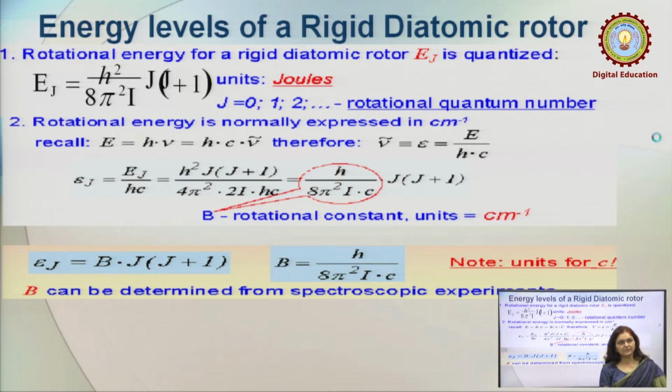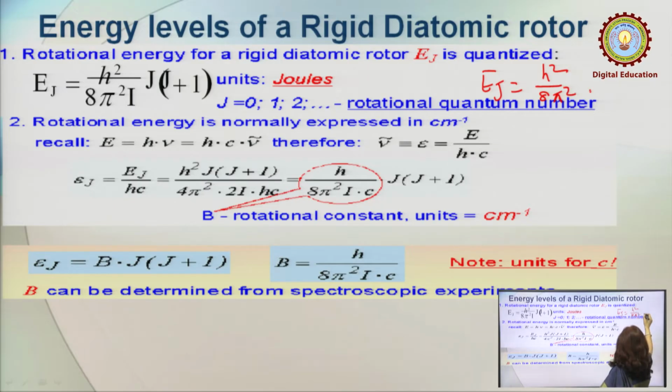Now, we are going to discuss the energy levels of a rigid diatomic rotor or molecule. Rotational energy for a rigid diatomic rotor is quantized and Ej is equal to h square upon 8 pi square I into J into J plus 1 in joules.